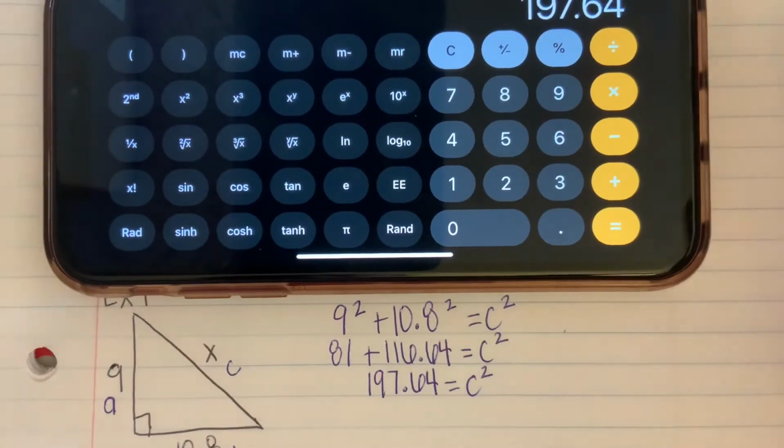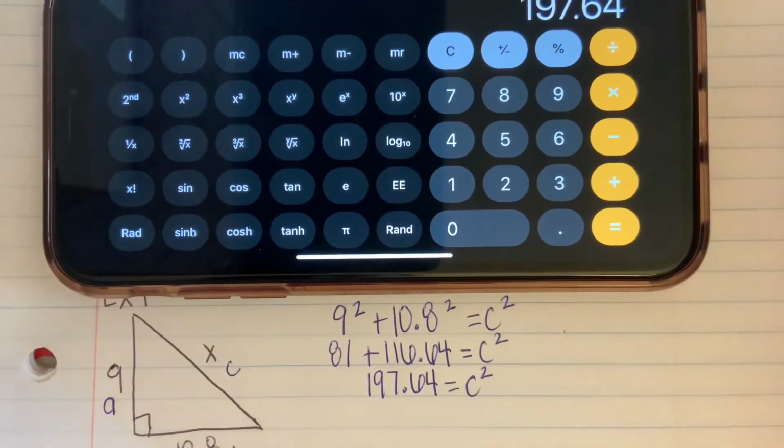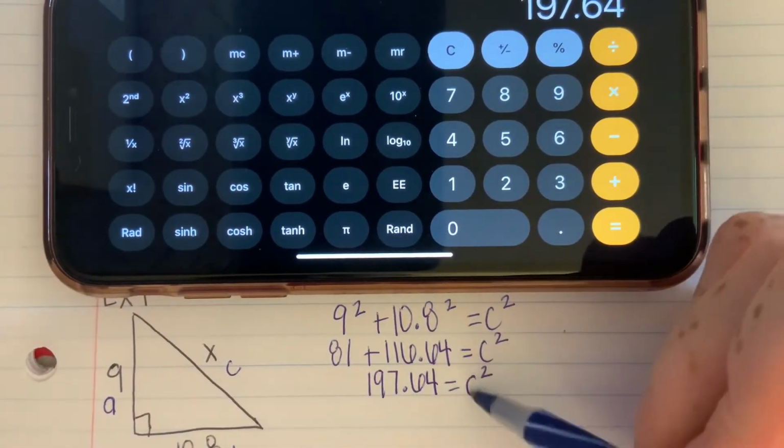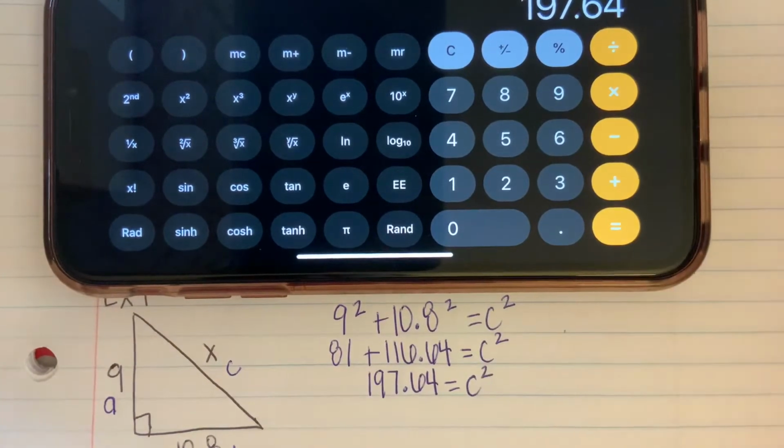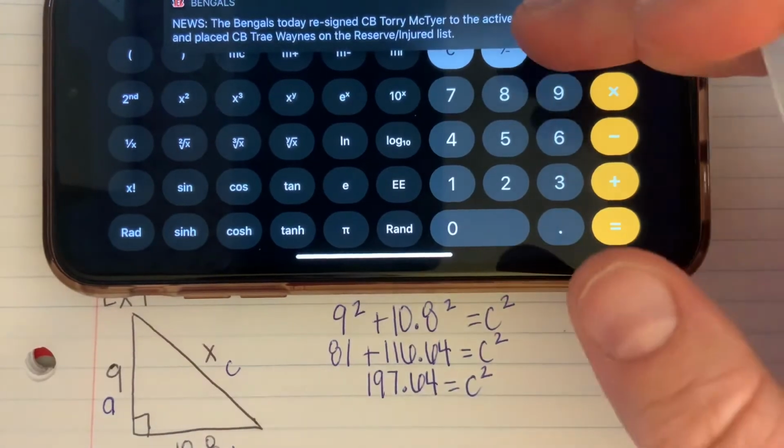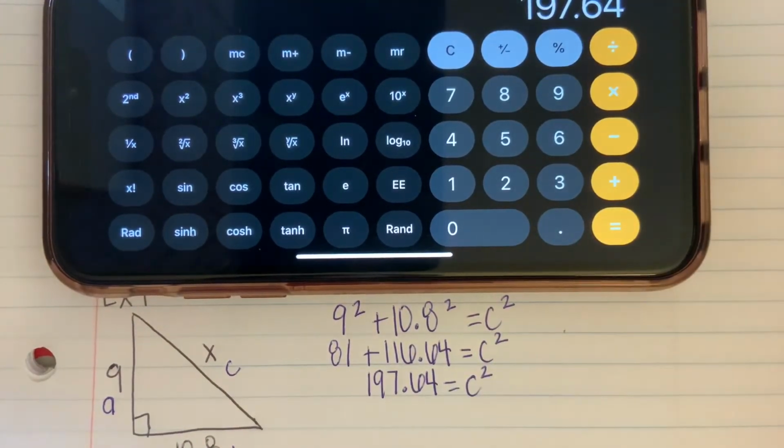Hopefully we realize that it is not. I need to get rid of this squared. What's the opposite of squared? So we think back to last week when we were doing our algebra review. Addition, the opposite of addition, subtraction, and vice versa. The opposite of division is multiplication, vice versa. But what's the opposite of squared?